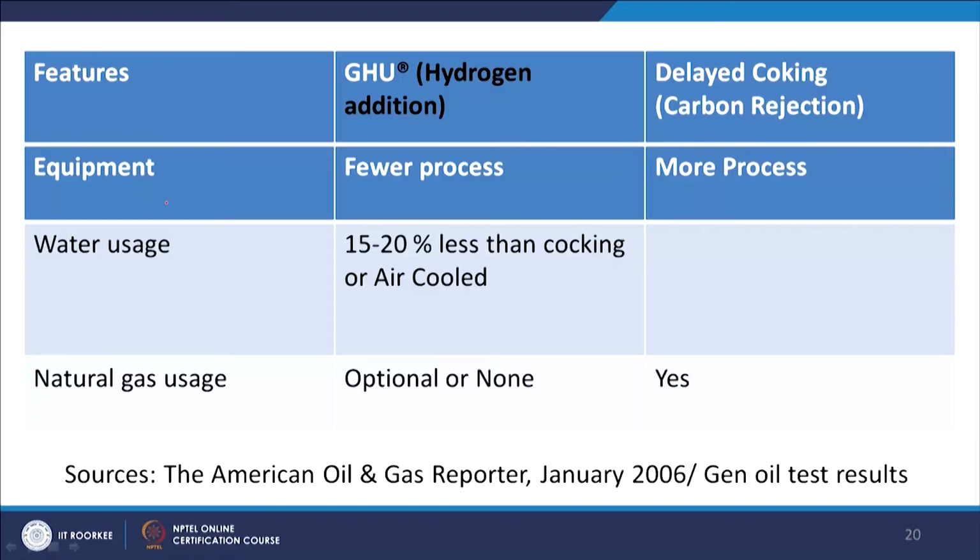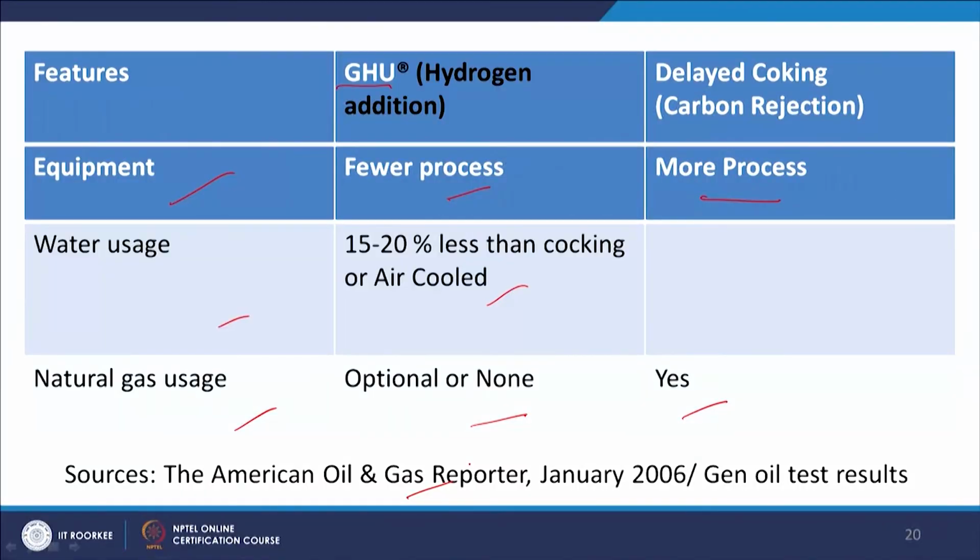There are fewer equipments in GHU, whereas more processing is needed in delayed coking. Water usage is 10 to 15% less than coking, or it can be air cooled, and natural gas usage is optional here, whereas in coking it is available. In some cases natural gas is used to preheat the feedstock. So, this is taken from this reference.